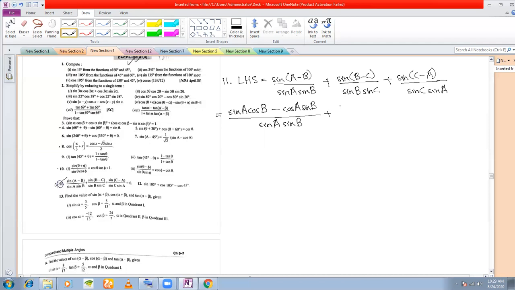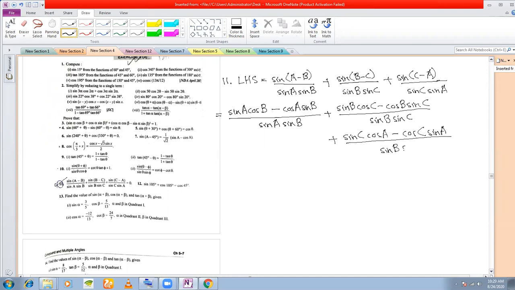Similarly, you write for sine B minus C: sine B cos C minus cos B sine C, divided by sine B sine C, plus sine C cos A minus cos C sine A. All are the A minus B compound angle formulas.